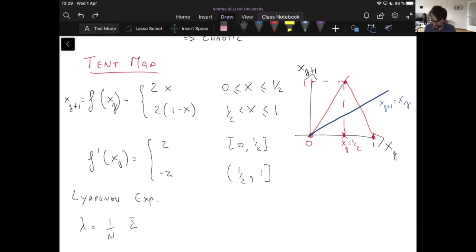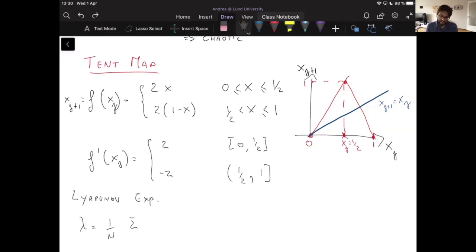Okay, so you will have different solutions, and then you take all of these solutions and you average the value of the derivative at each of the solutions. But this is numerically relatively challenging. I mean, you cannot do this for the logistic map because the value of the derivative will be different at each and every point. So this is not feasible.